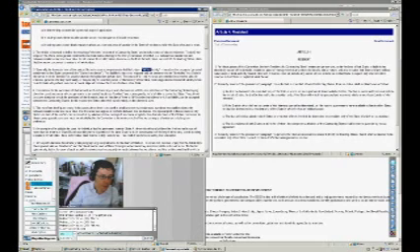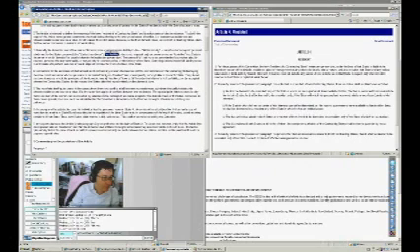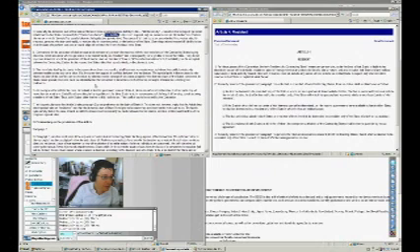Full tax liability is imposed subject to the taxpayer's personal attachment. These are the connecting factors, the nexus. And the rest of this paragraph goes to the connecting factors.